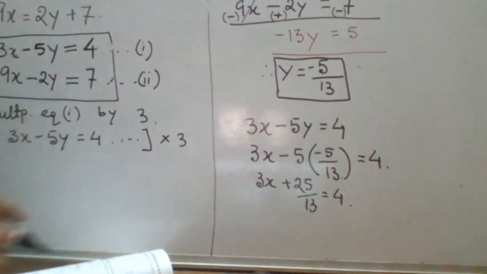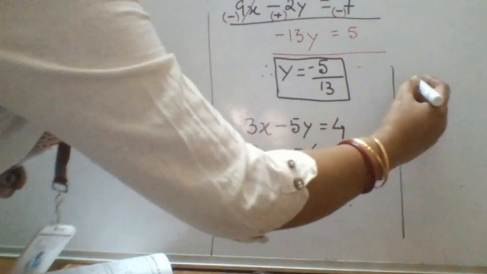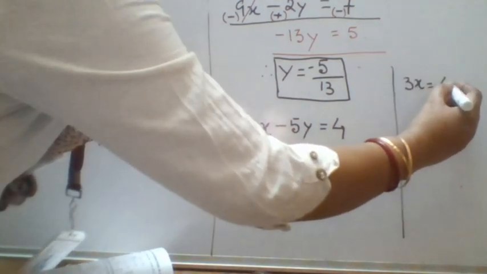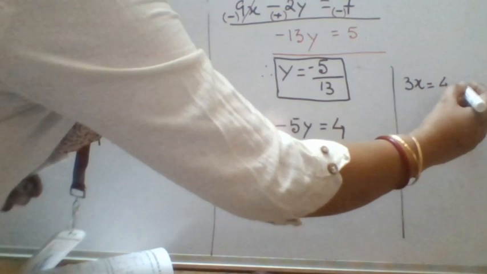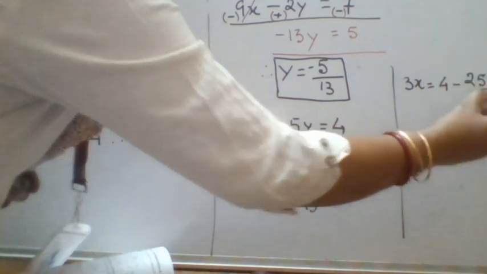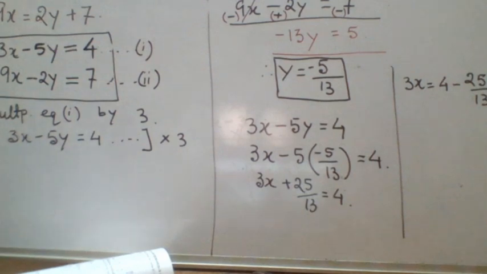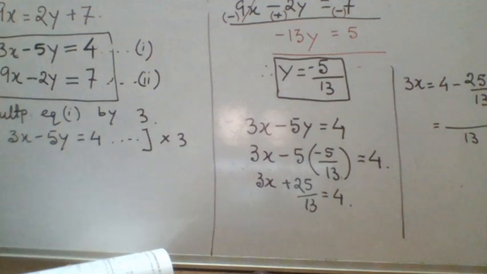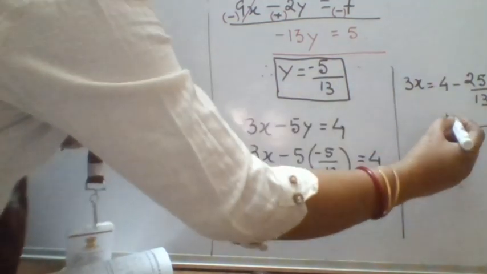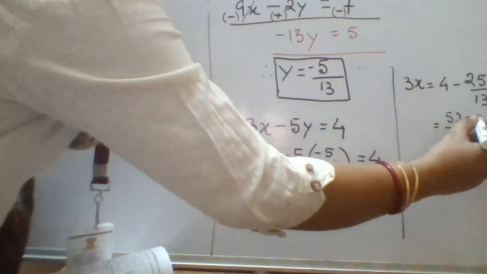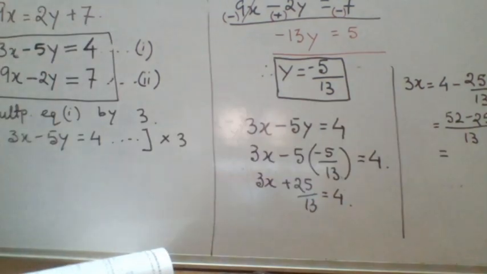So this comes out to be now 3x is equal to 4 minus 25 upon 13. 4 minus 25 upon 13. So LCM is 13. LCM is 13. 4 into 13, that is 52 minus 25. This is equal to 52 minus 25, that is your 27.